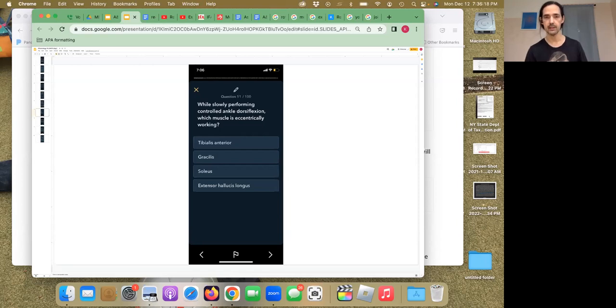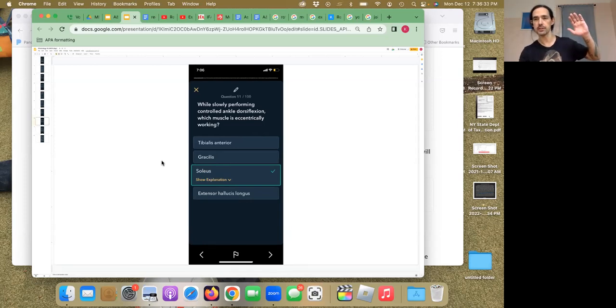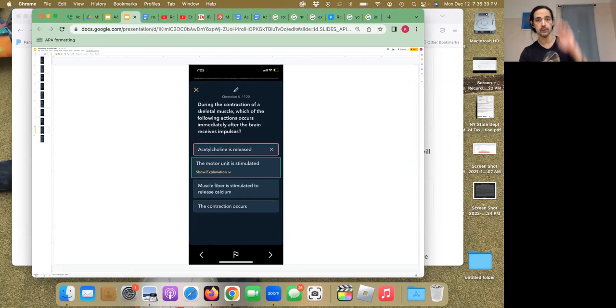That's got to be the soleus, not the extensor hallucis longus, not the gracilis, not the tibialis anterior. Those are not on the correct surfaces. Soleus. Raise your hand if you don't know where the soleus muscle is. Shardy and Josh, it's not too late to come back and go like this if you want to know the soleus.